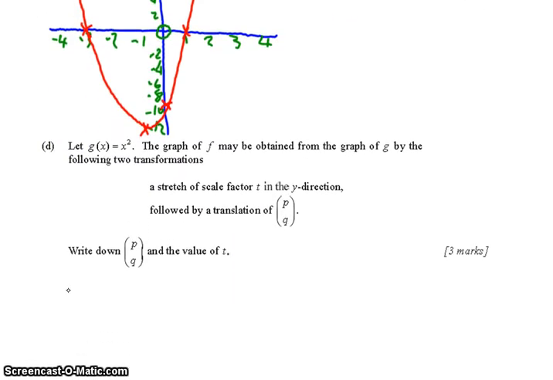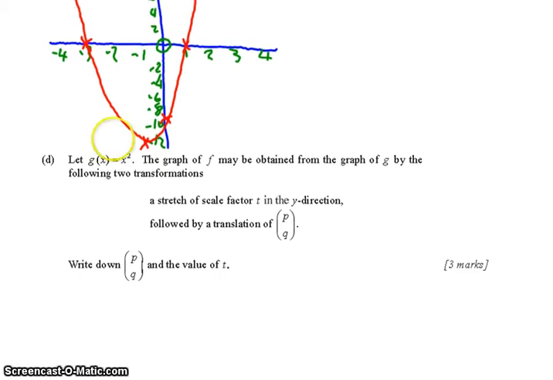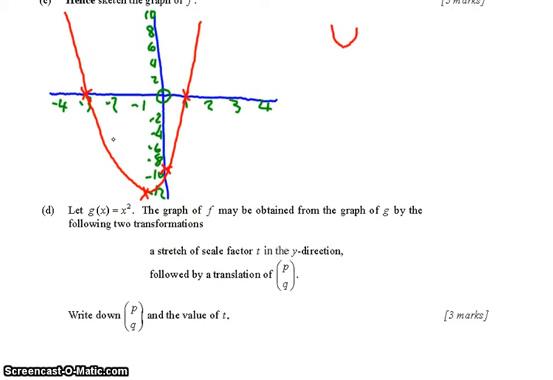Finally, D, if we're starting with the curve x squared, how do we get from x squared using transformations to our curve here? Well, what's happened to the vertex? The vertex has moved, and we've already answered this in an earlier part.